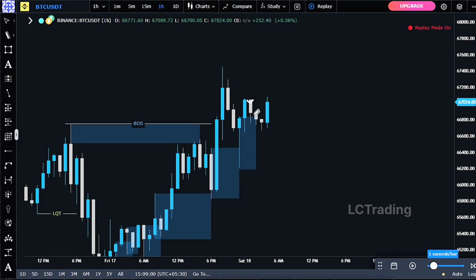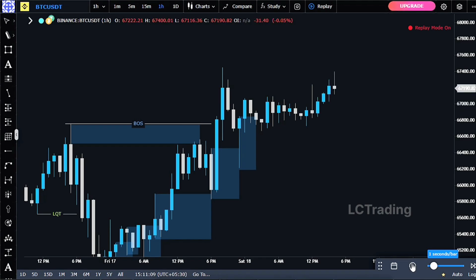And these three bearish candles were sideways candles. All candles are sideways candles. There is no order block. Everything is a sideways candle. So it's not our proper order block.